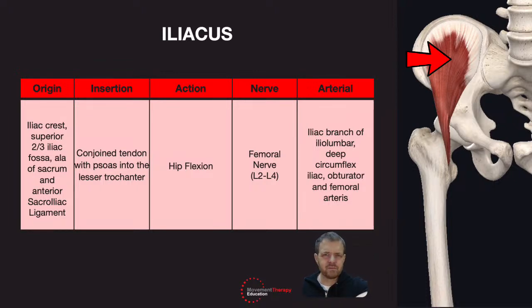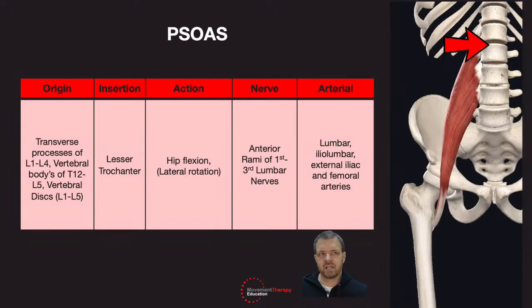I think somebody mentioned that's one of the derivatives of the word as well. So yeah, this one has got a much better mechanical advantage to bring about hip flexion than the psoas has. Because if you have a look at the psoas, it attaches to your lumbar spine as well.